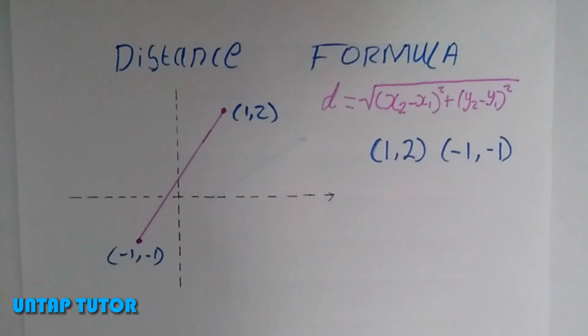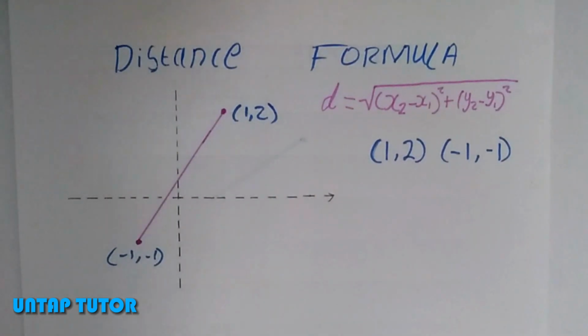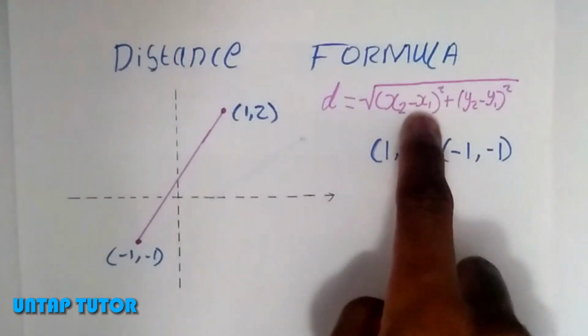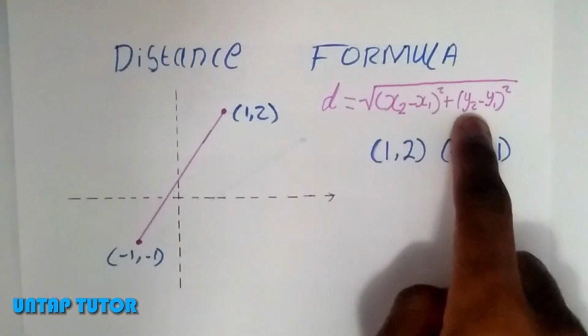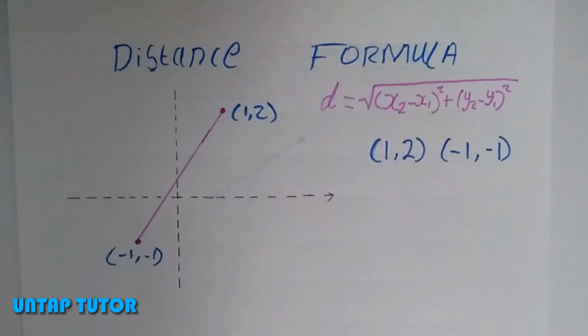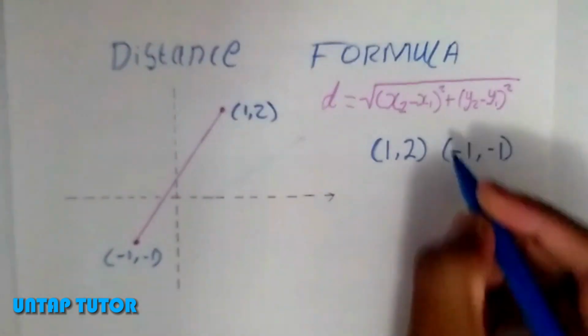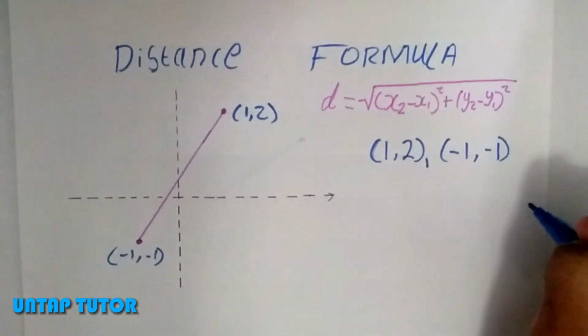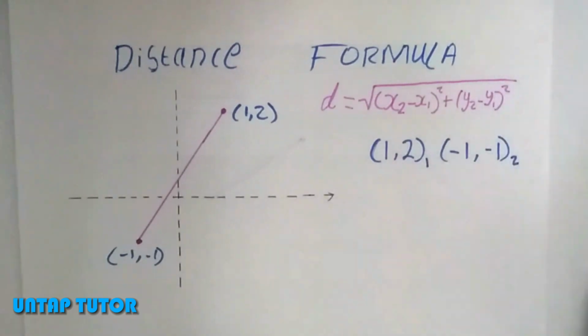After drawing up your line, you need to label your points. As we can see from the distance formula, it says x2 minus x1 plus y2 minus y1. So we need to label our 2 points in terms of 2 and 1. This is our first point, so we're going to name it 1, and this is our second point, so we're going to name it 2.